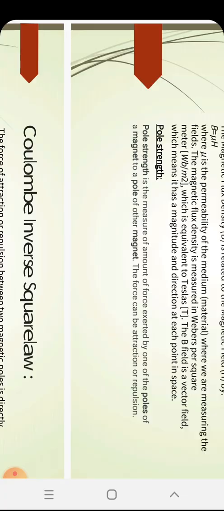Then coming to poles, as I said earlier, pole strength. So children, coming to pole strength, pole strength is a measure of the amount of force exerted by one pole of a magnet on the pole of the other magnet. So the force can be attraction or repulsion.